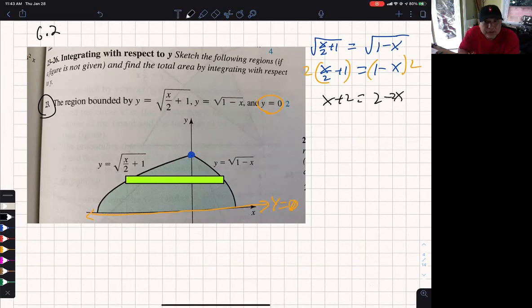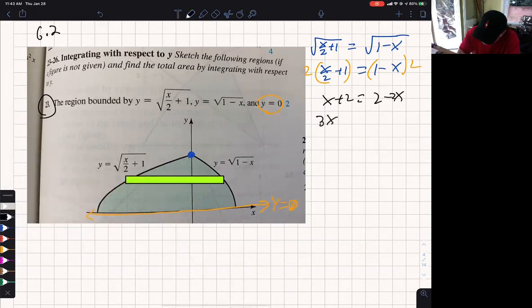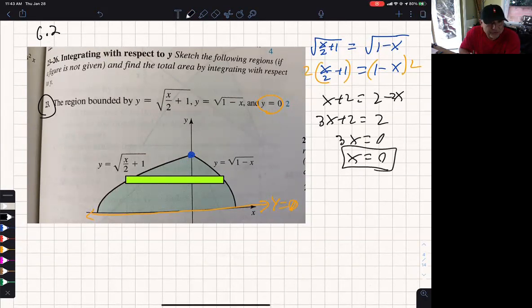Oopsies. I'm going to add 2x to both sides. So if I add 2x to both sides, I'll get 3x on this side, and the 2x on the right disappears. I'm going to subtract 2 from both sides. Divide by 3. And lo and behold, it happens at x equals 0.